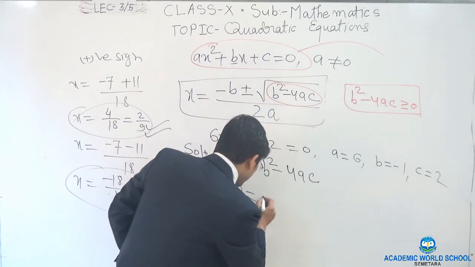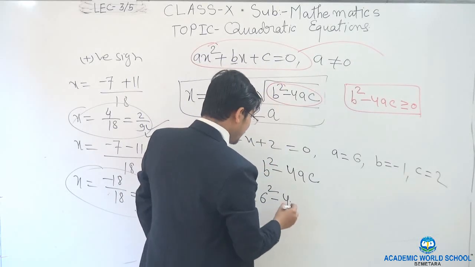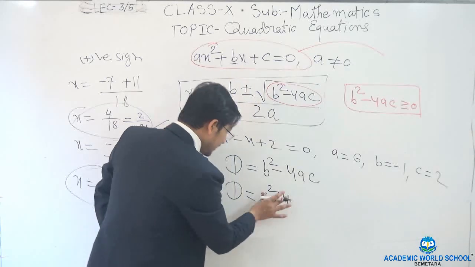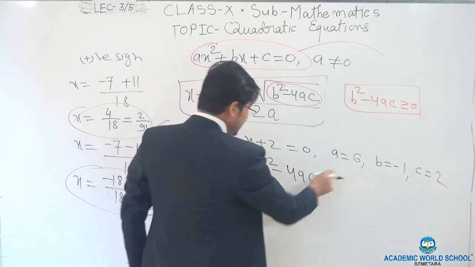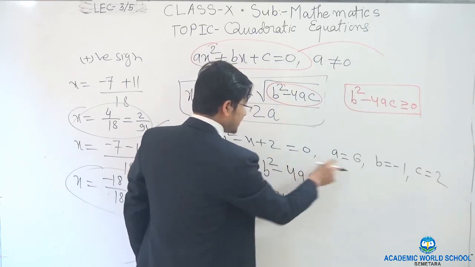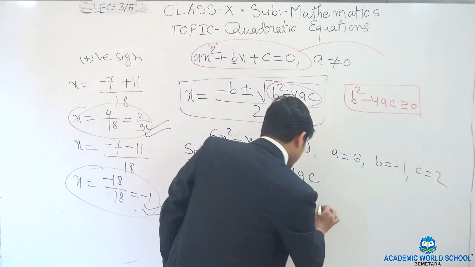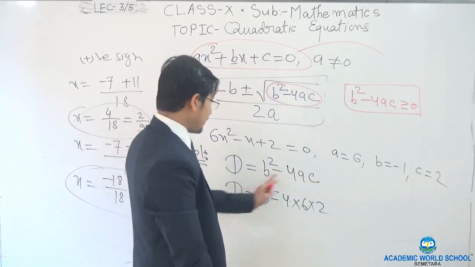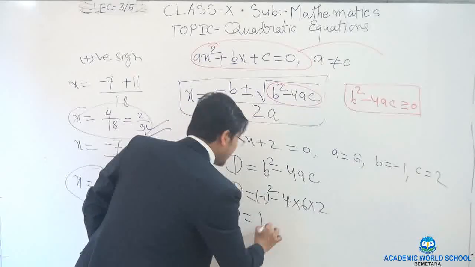So b square minus 4 into a into c. b is minus 1, so minus 1 square is 1.